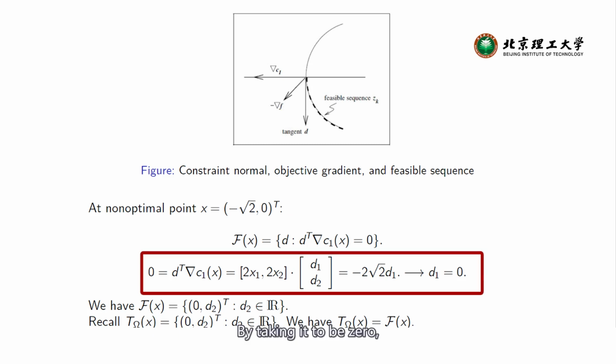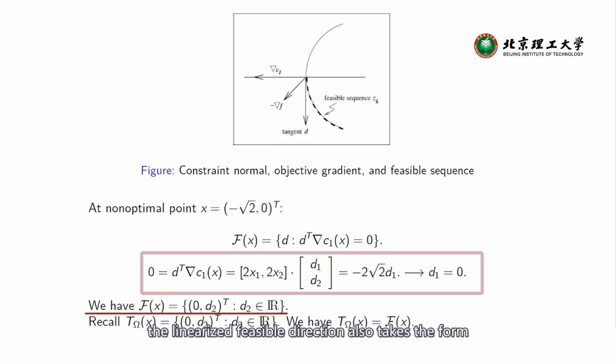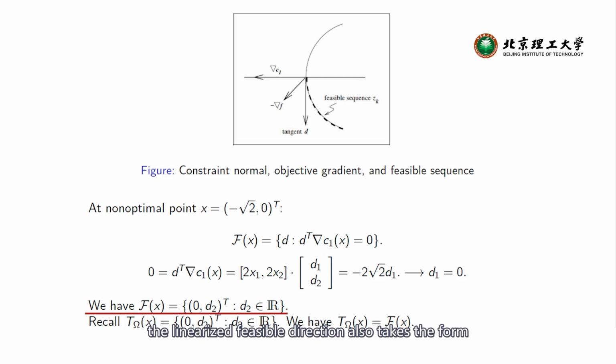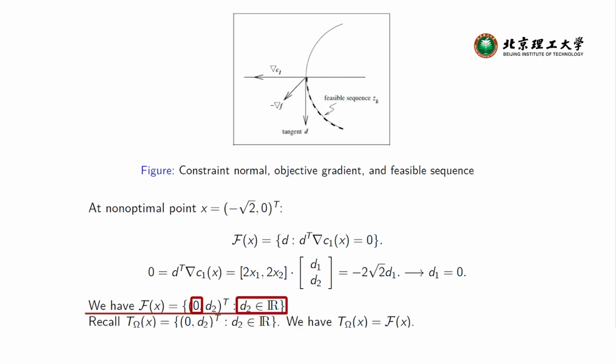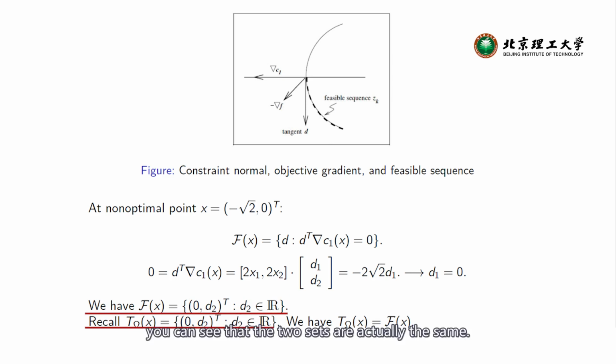By setting it to 0, we can see that it means d1 is 0. In other words, the linearized feasible direction takes the form where the first component is 0 and the second one is free. So compared to the tangent cone we analyzed before, you can see that the two sets are actually the same.